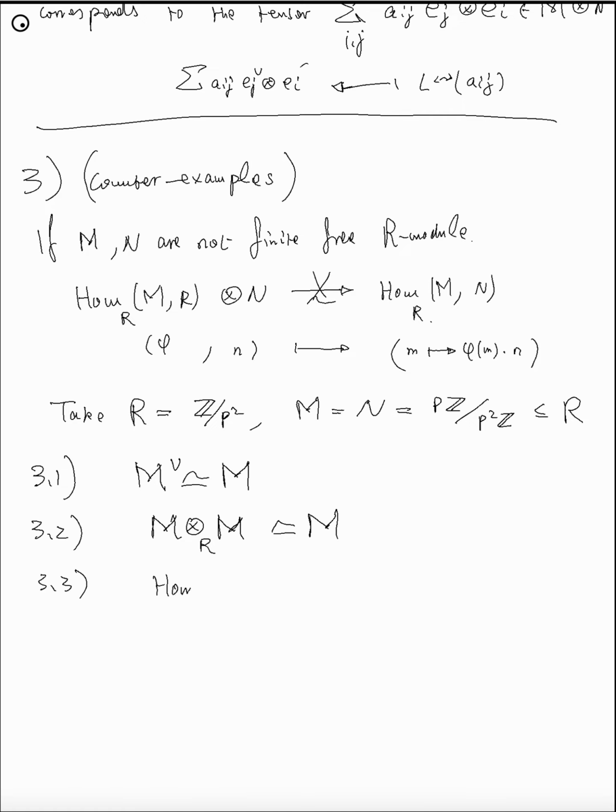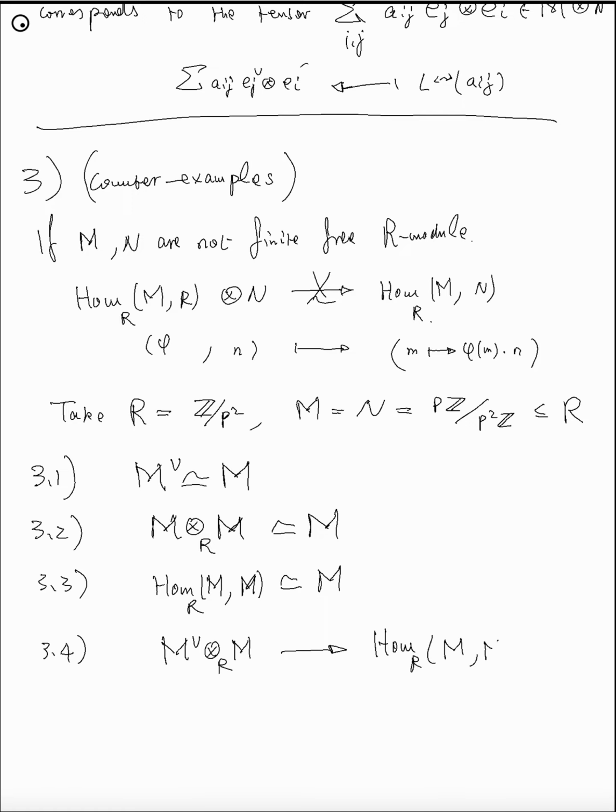Check that the R linear maps from M to M is isomorphic to M. And last sub exercise, check that the same construction as in the main exercise, the second part of the exercise today, which is this one.